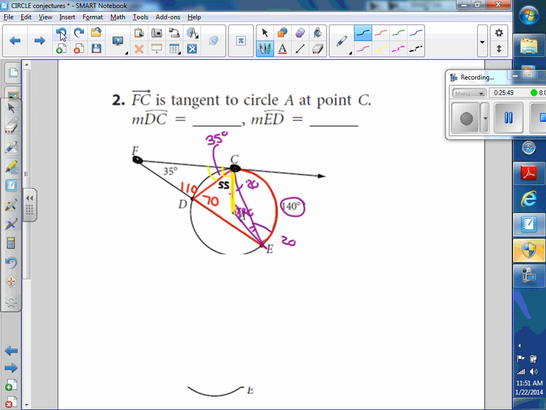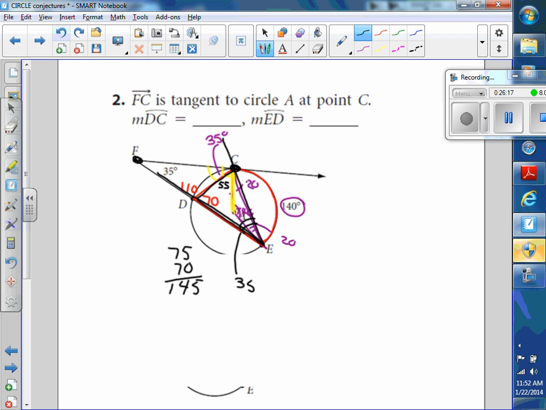I like that. So we're looking at this triangle, which makes that inscribed angle. So 55 and 20 is 75, and 70, 145, so this whole piece here has to be 35. No, DE is 110.